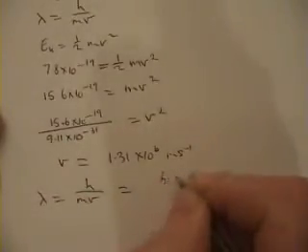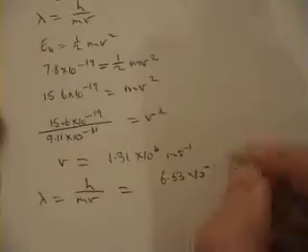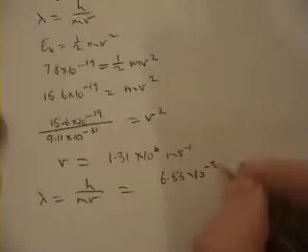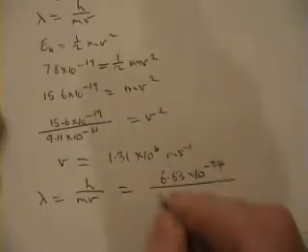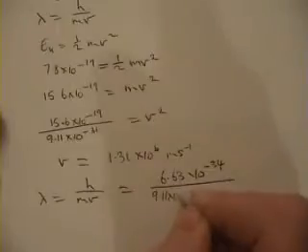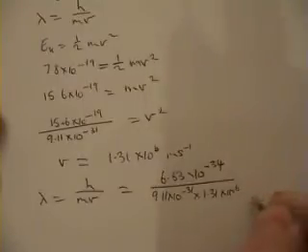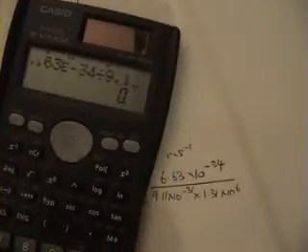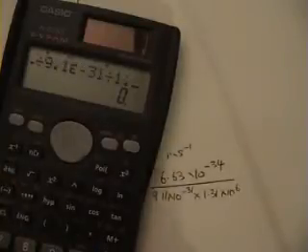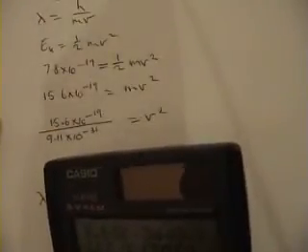We know the value for h, 6.63 times 10 to the minus 34, divided by 9.11 times 10 to the minus 31 times the value we've just calculated, 1.31 times 10 to the 6, equals 5.56 times 10 to the minus 10 meters.